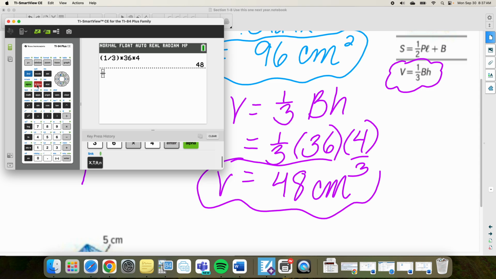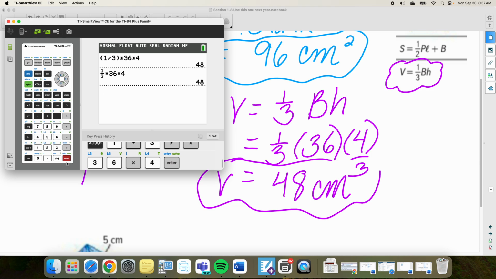Then what you're gonna do is put in 1, and then you have to use your down arrow to get to the bottom, and you put in your 3. Now, here's the trick with this. Your cursor is stuck on the bottom of this right now, so what you would have to do is hit this right arrow to get it away from there, and that is 1/3 then. And then you could go times 36 times 4, and our answer is 48.